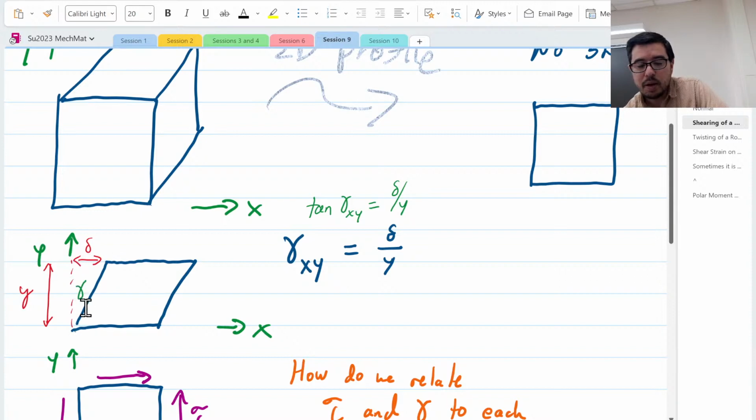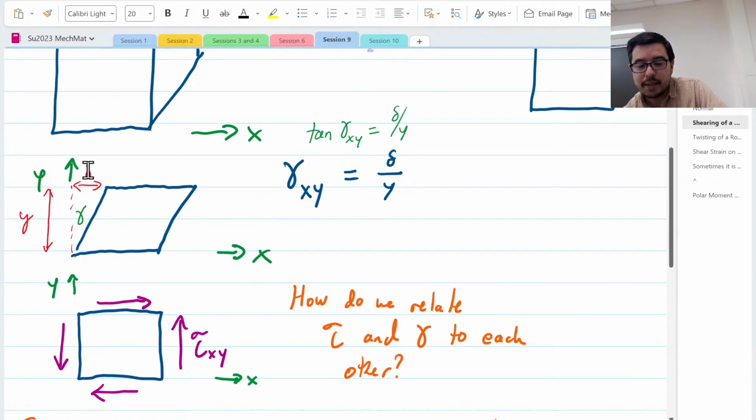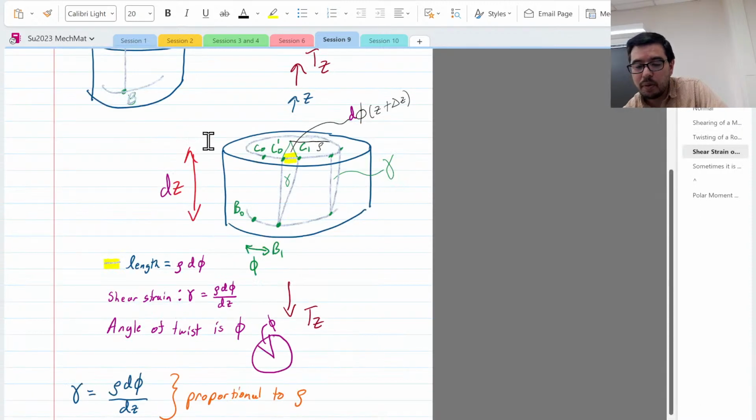Now we can define a shear strain as this delta over this y distance. Same thing that we have here: we have a y distance, which now is dz, and a shift here. That length is given by rho d phi. That was the delta you saw before. And so now we can describe a shear strain, gamma, as rho d phi over dz.